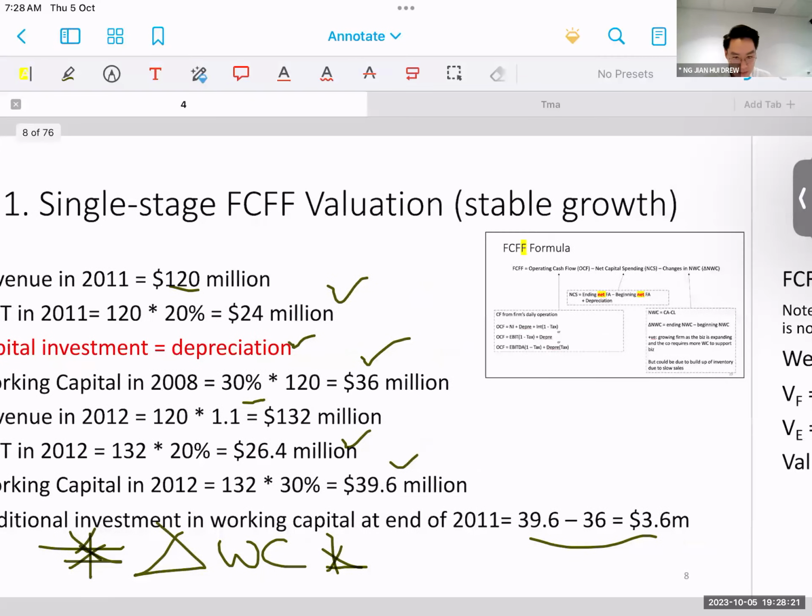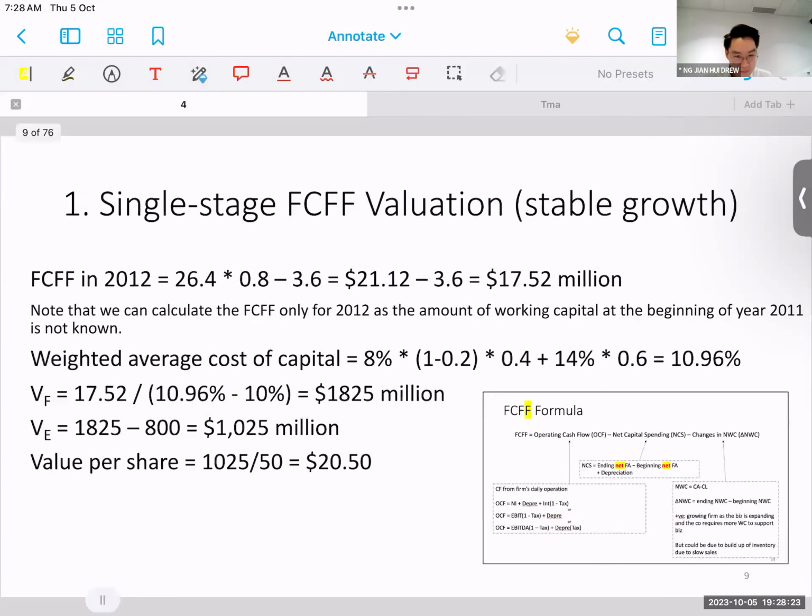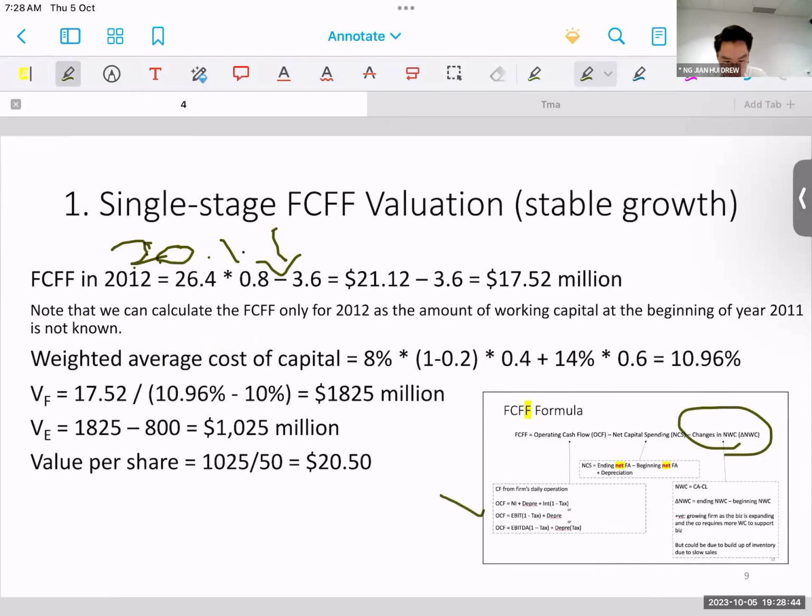Okay, perfect. We have EBIT here. We multiply by the tax, because tax was set at 20%, right? And then you minus the change in net working capital, right?